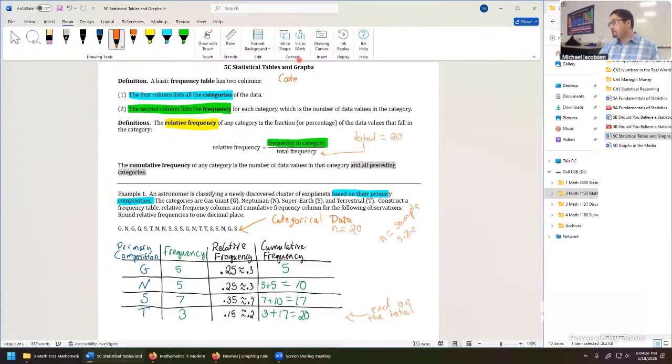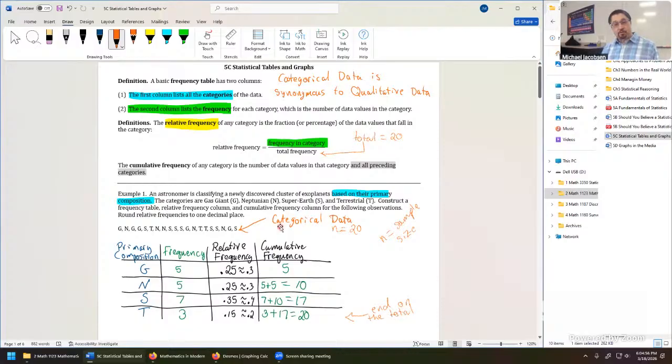Categorical data is synonymous to, our author likes to call it qualitative data. And so do many textbooks across the country, but the country's divided on this. It seems like half the textbooks call it categorical data, other half of the textbooks call it qualitative data.